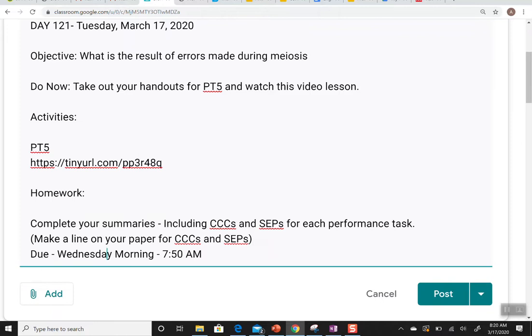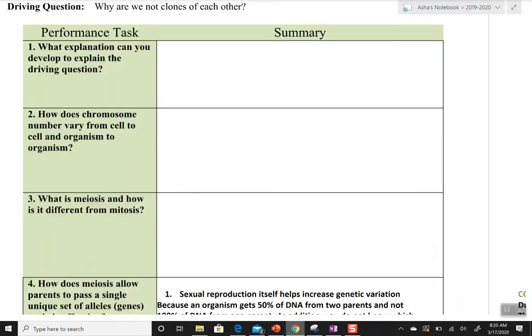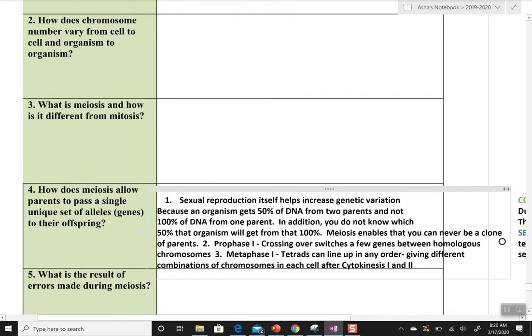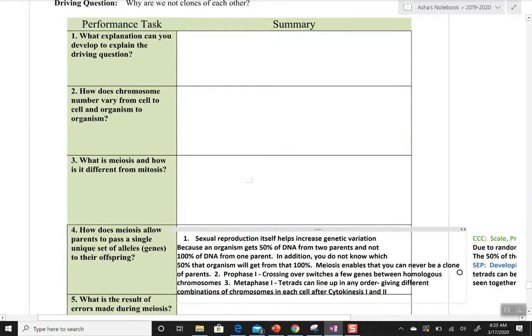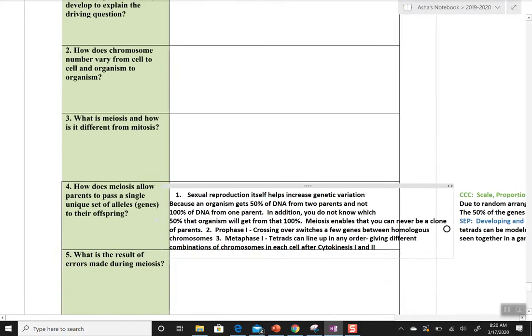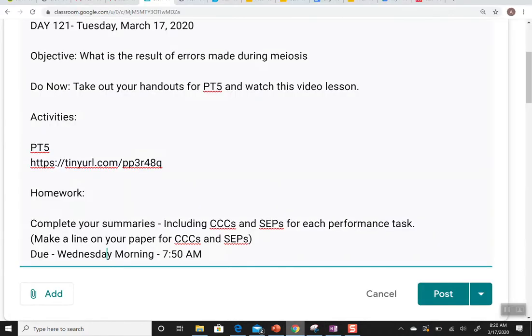This is not what online learning is supposed to be. So I want to make sure that everybody is still doing their work and everybody's on top of their game. So please do it on the handout that I gave you. If you lost the paper, then just do it on another handout. Make sure you have all the performance tasks, okay? And if you lost it, just let me know, and then I'll give you the objective for each performance task, and then you'll go from there. Okay, so that's what I'm going to expect of you.